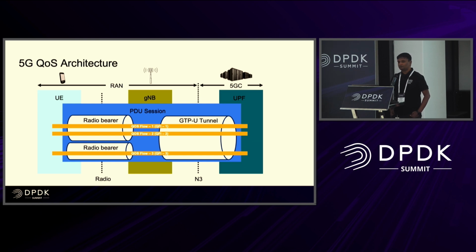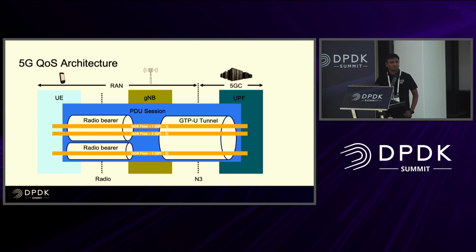So 5G QoS has much more granularity and flexibility compared to 4G. Instead of having a single QoS value assigned to the entire radio bearer, 5G has a provision for having multiple flows with their own QoS requirements in the same radio bearer.